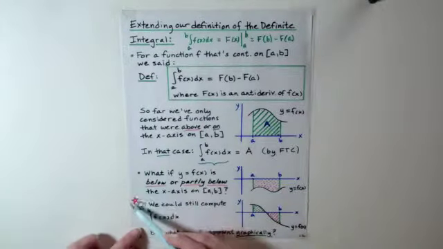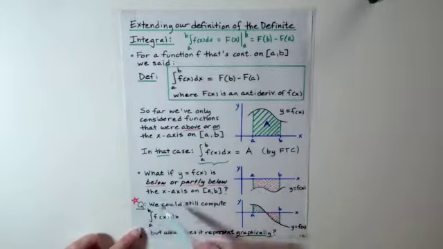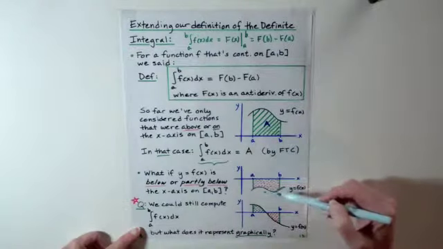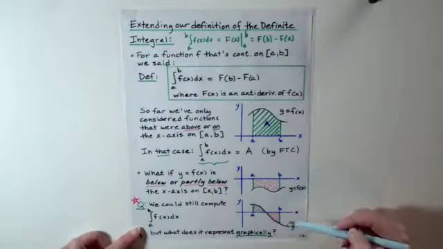So here's our big question for this last portion of section 5.3. We could still compute the definite integral from a to b of f of x dx no matter what the graph looks like, whether it's above or below or partly above and partly below.